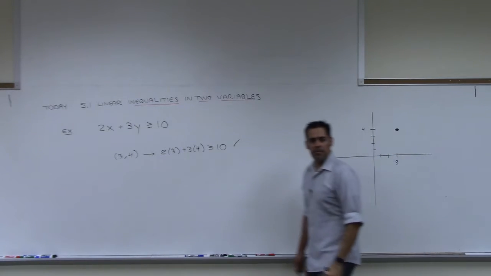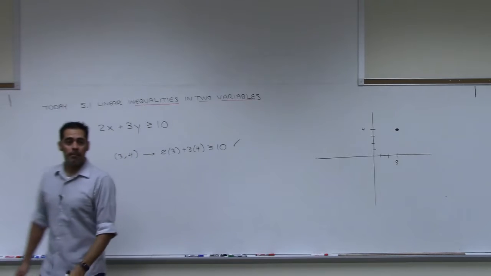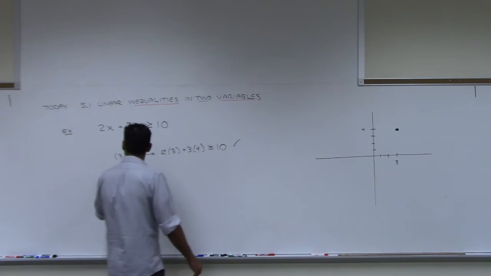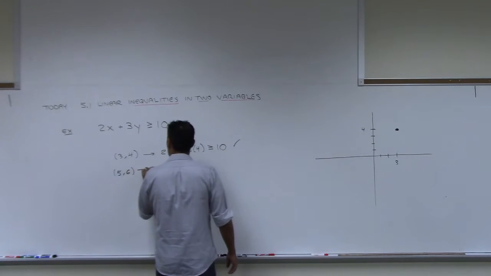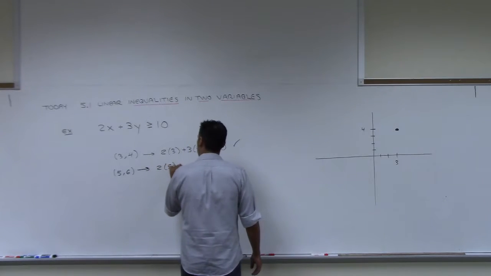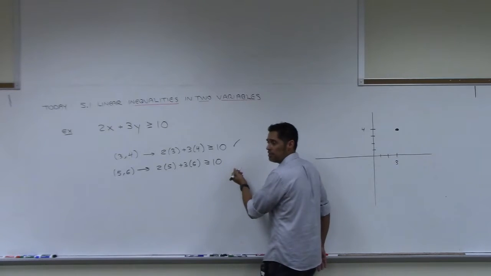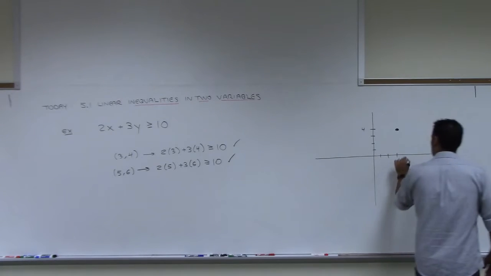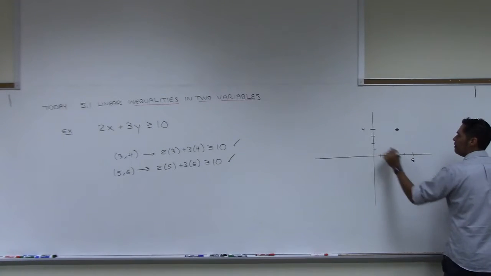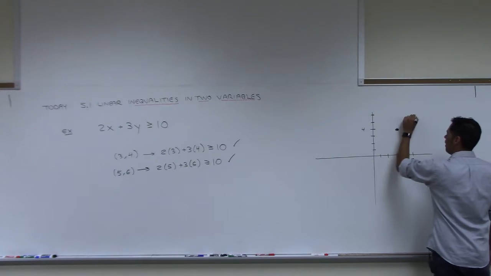Somebody else? Give me something. 5 and 6. Okay, 5 and 6. 2 times 5 plus 3 times 6. Bigger than 10? We all agree it is? Yes? Okay, 5, 6. 3, 4, 5. Here's 5. Here's 6. Okay.